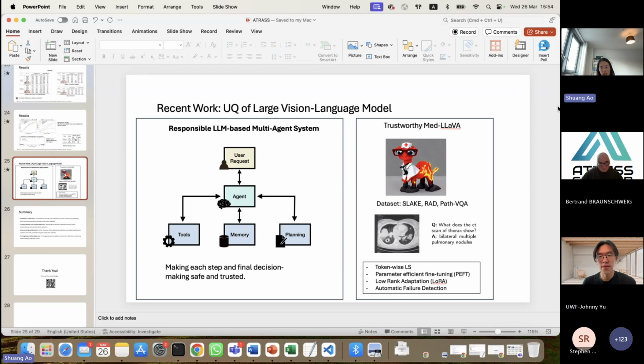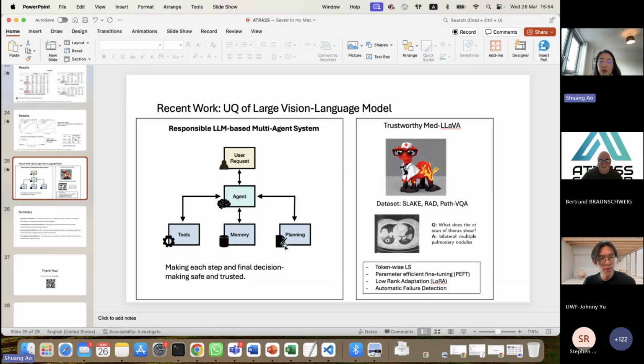Yeah, because this agent part is still ongoing work. For us, the step is first to make each step of the agent responsible, and then later to make the whole decision responsible. So this is our way. For example, for the memory of the RAG system, we can quantify the quality or the consistency of the information retrieval.